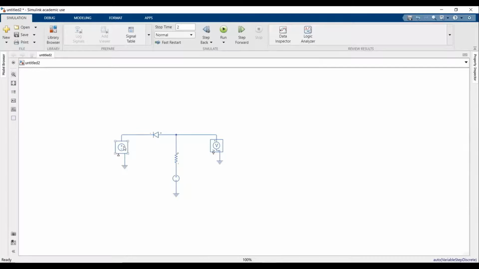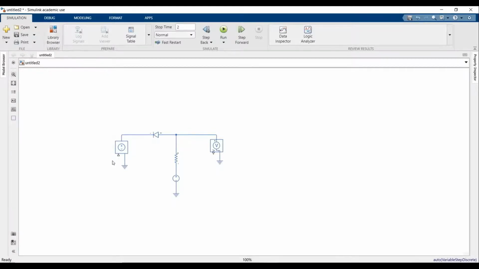Okay, so we got a source here. We got a sensor here to measure the voltage, and the source here can be controlled by this pin here. And then we can read out the value of the sensor from this pin here.